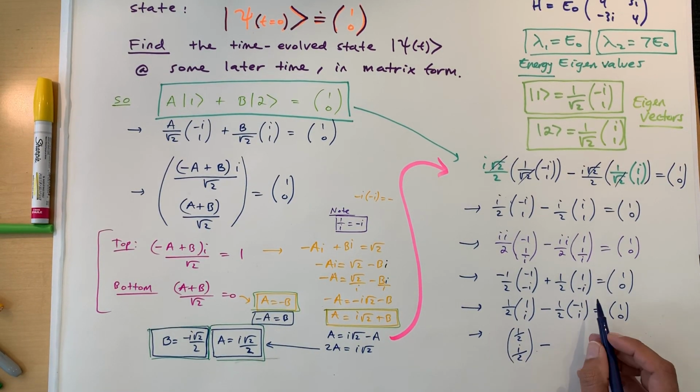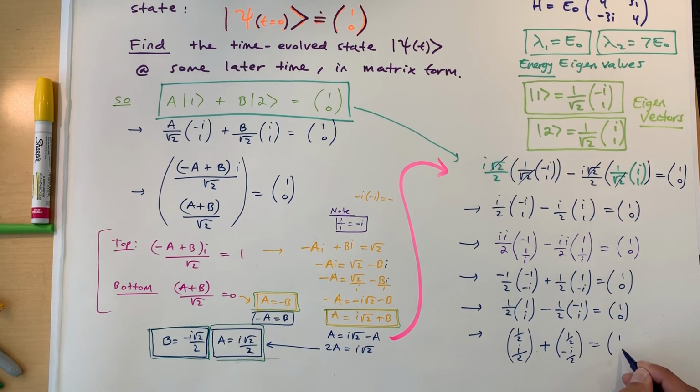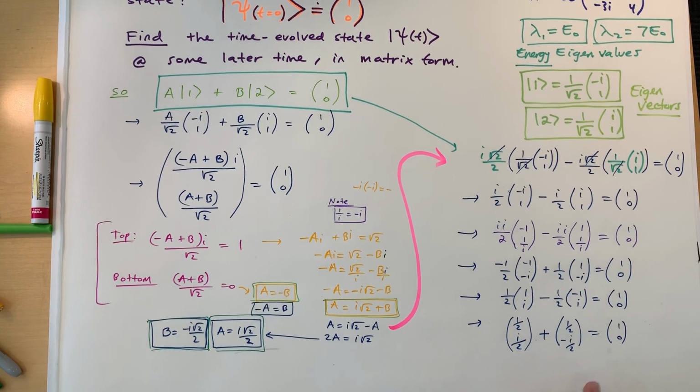Minus, we have, if I distribute that into the top, I'm gonna have plus, so plus 1/2 on the top, and then a minus i over 2 on the bottom equals 1, 0. And finally, you can see 1/2 plus 1/2 is equal to 1. And then i over 2 plus a negative i over 2 is equal to 0. And so we have exactly in matrix form the time evolved state.